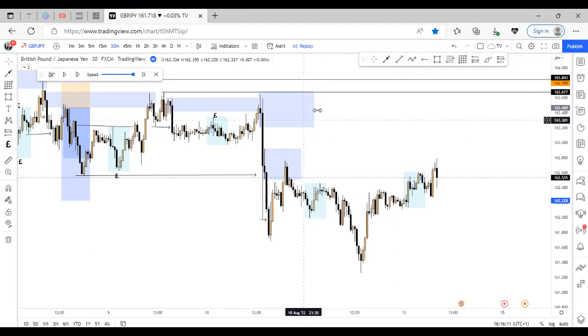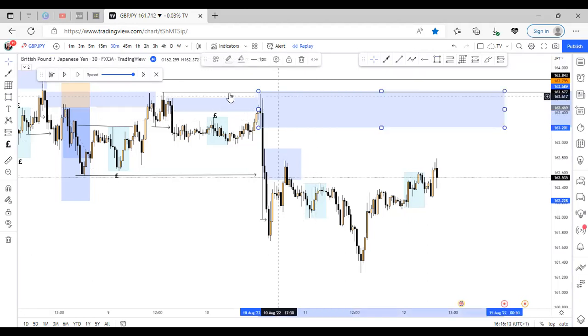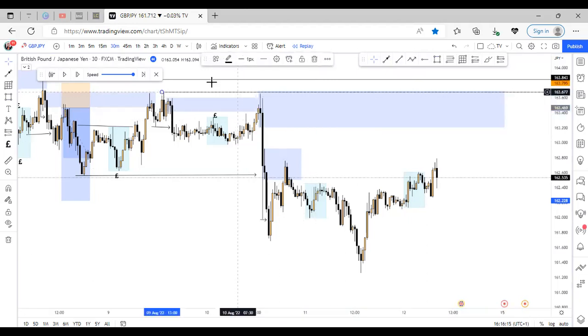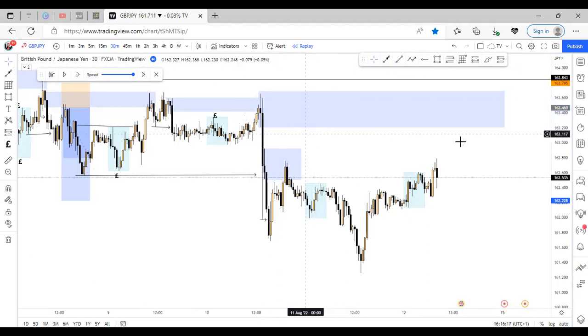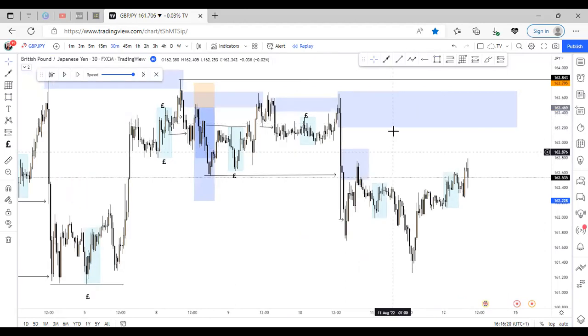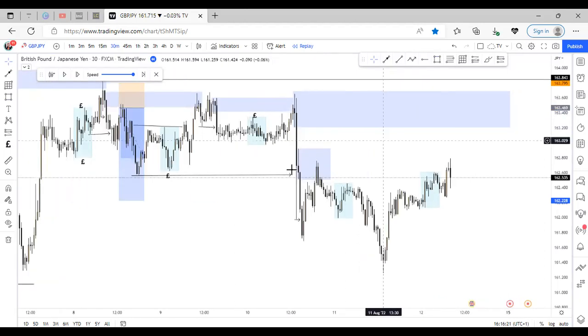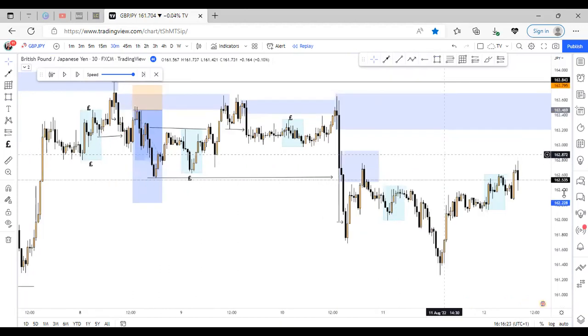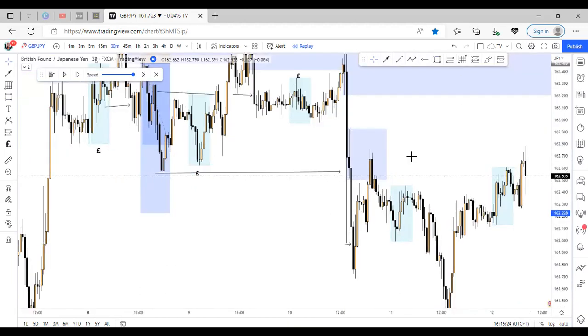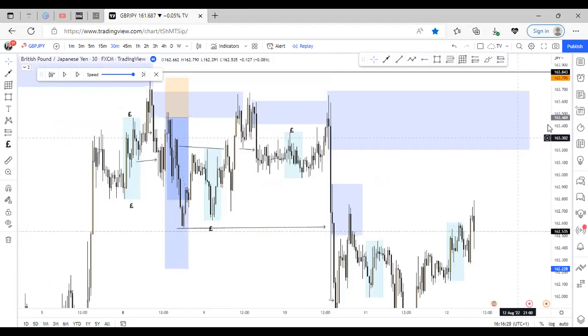But if I was monitoring this pair, I'd be looking to trade a sell at this particular point. Sorry about that.